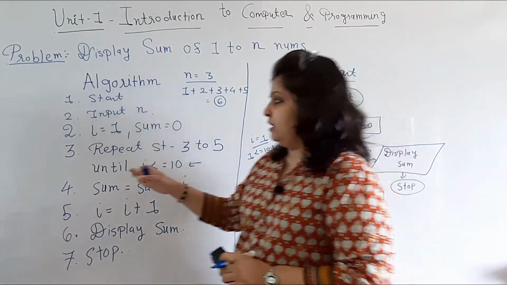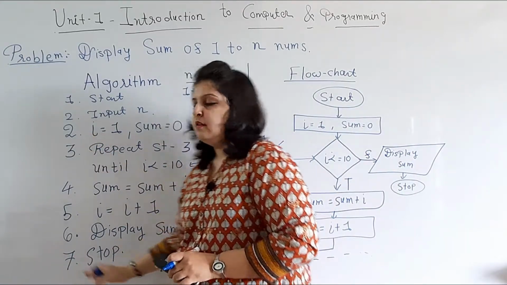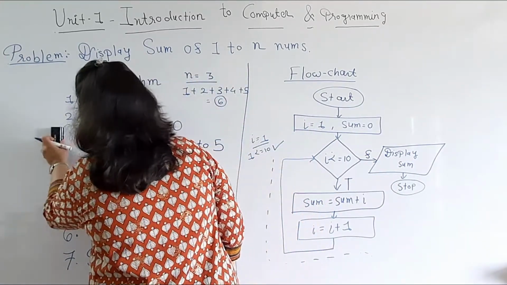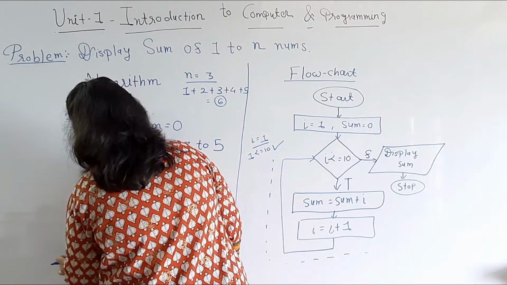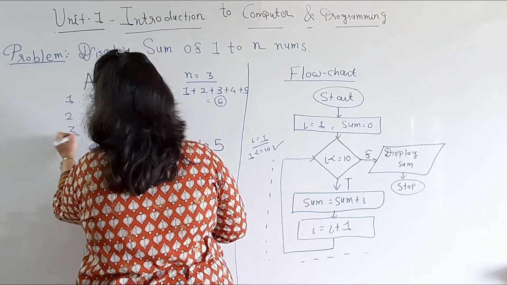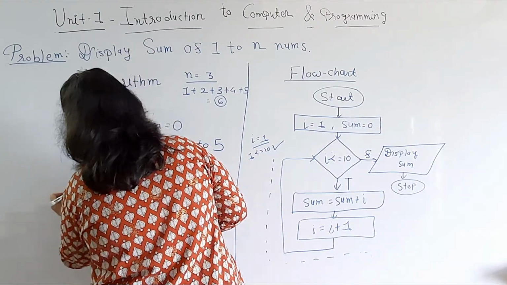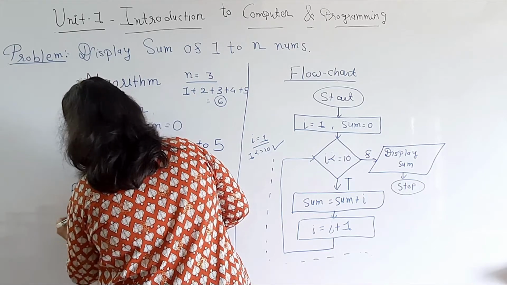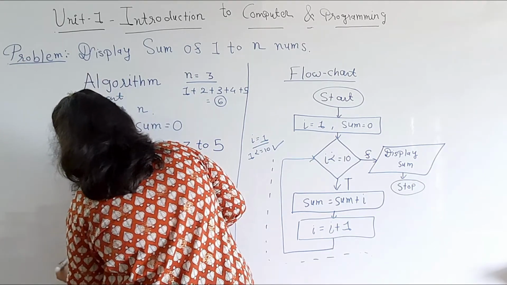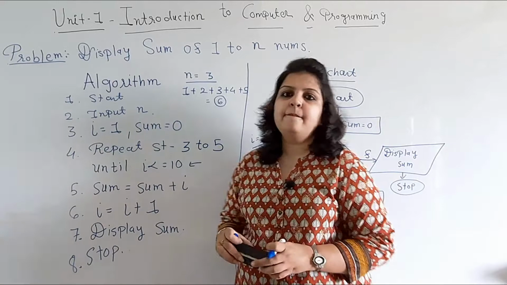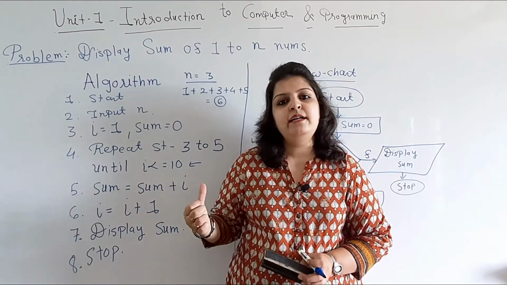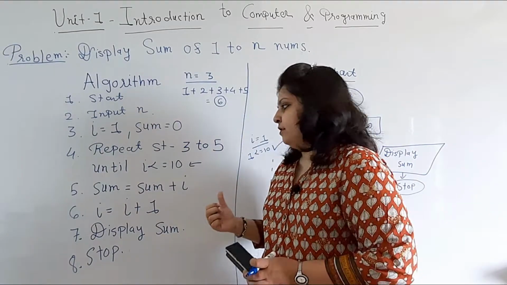Now we have to change the numbers according to our statements. So this is 3, 4, 5, 6, 7 and the last is 8. Now is it completed or not?